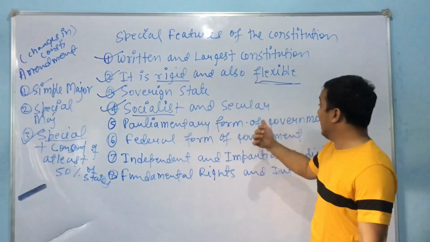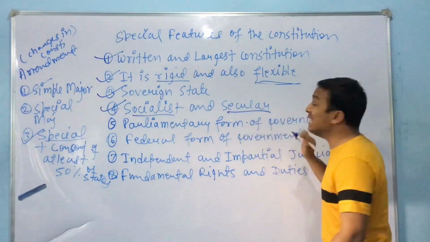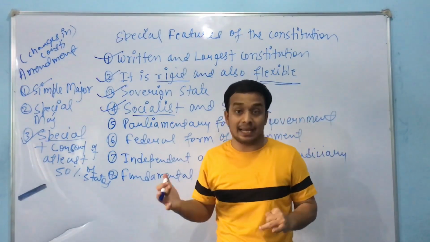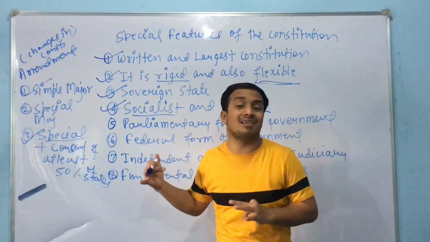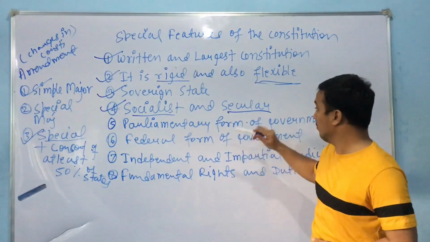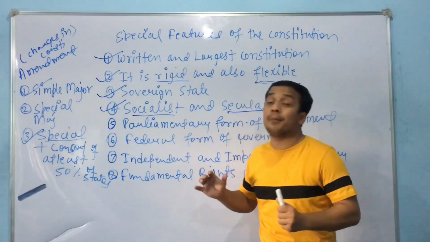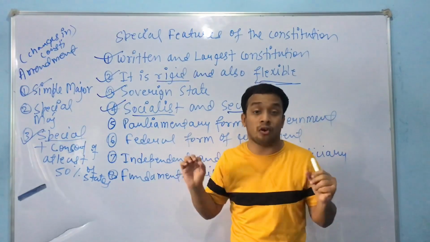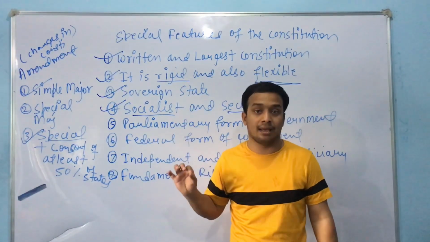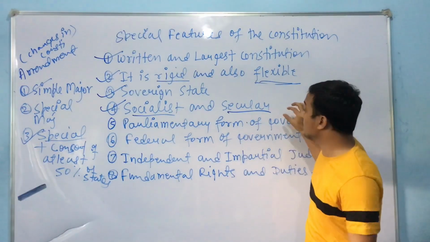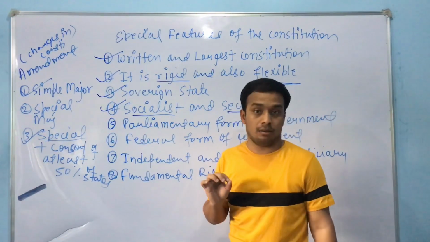Okay, so and next is secular. Secular means state is having no religion, state has no official religion, state is neutral in terms of religious matters. Okay, so यहाँ क्या होता है, सेक्युलर का मतलब है, अपनी कंट्री का अपने देश का कोई ऑफिशियल रिलीजन नहीं है, दैट इज न्यूट्रल इन टर्म्स ऑफ रिलीजियस मैटर. गॉट इट?